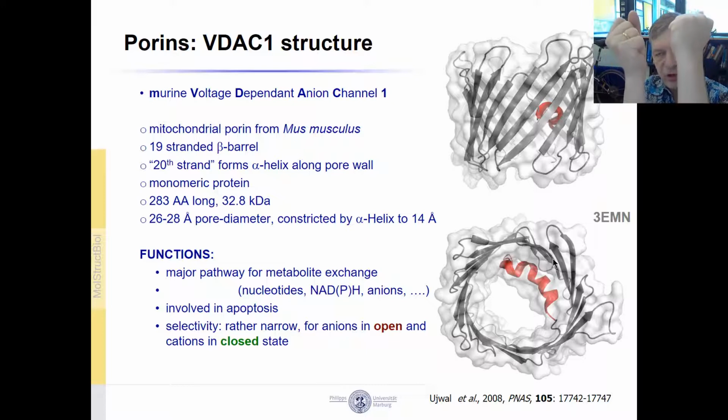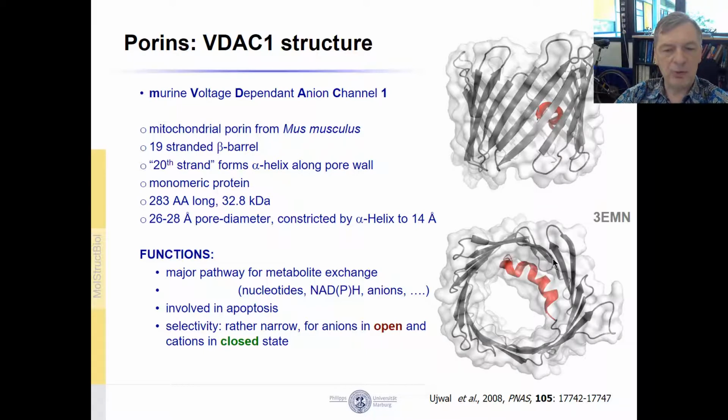So there exist predictions, unfortunately not yet structures, that it can open up and accumulate and form interactions with other VDAC molecules or some apoptotic factors to open up very large channels in the outer membrane of the mitochondrion, so that cytochrome C can escape to the cytosol from the intermembrane space and then start to trigger the caspase machinery. Very nasty reaction, of course, programmed cell death, but this protein has a weakness built in.